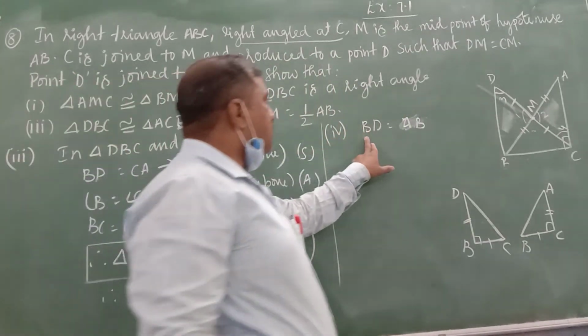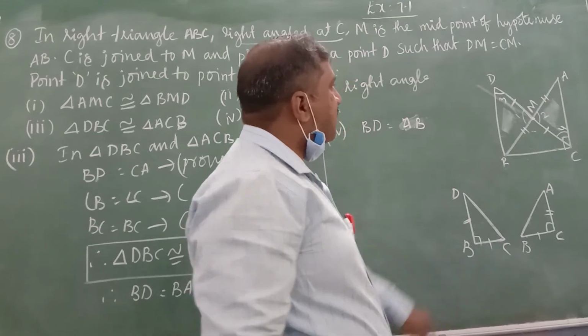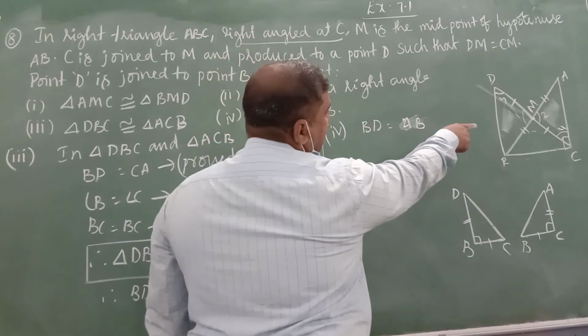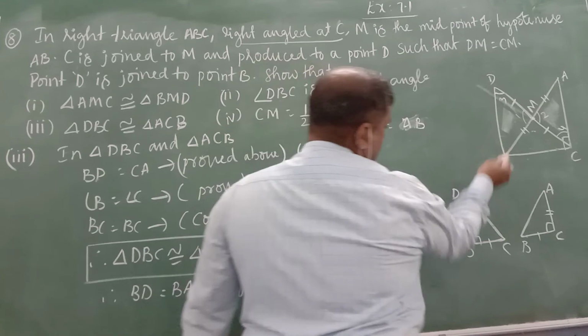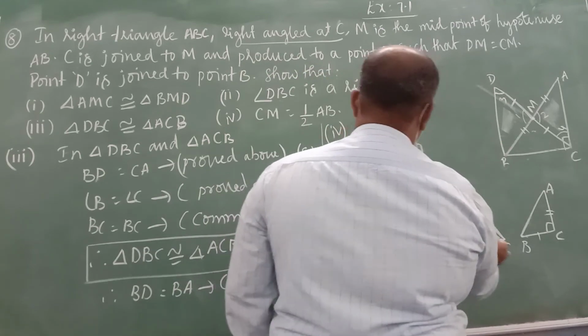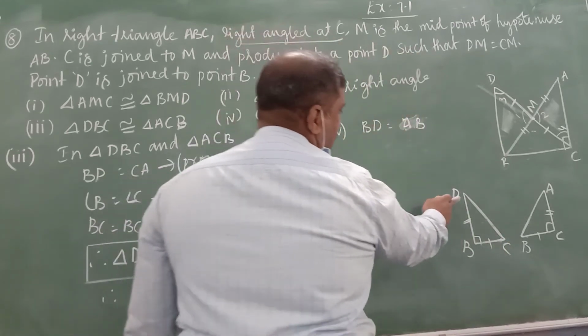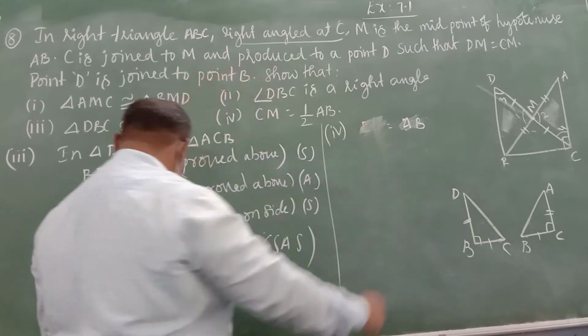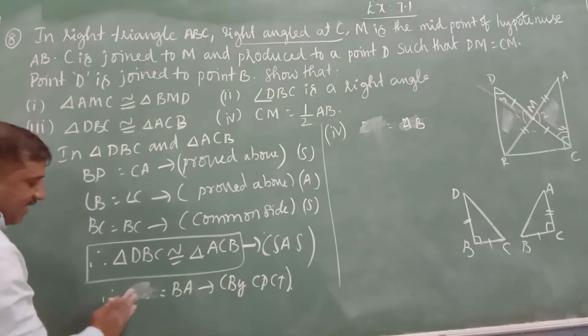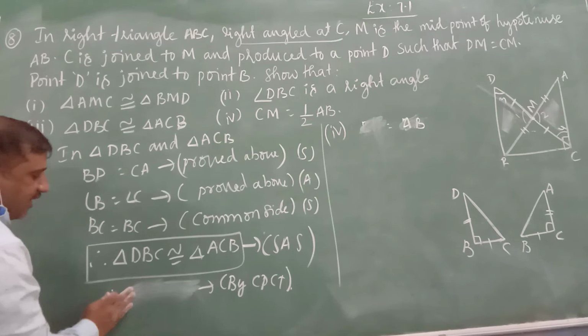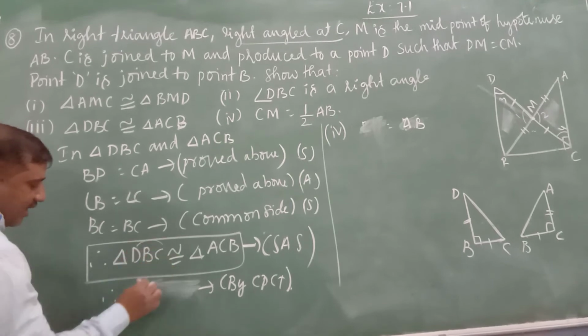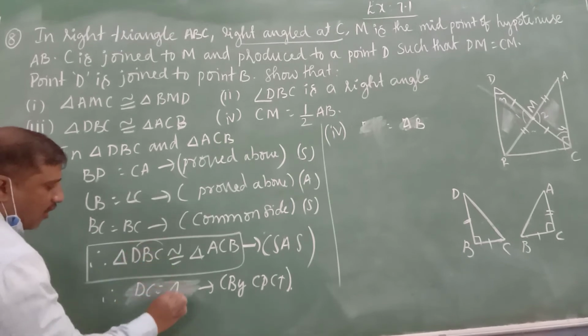Now DC is equal to what? Sorry, by CPCT, DC is equal to AB.